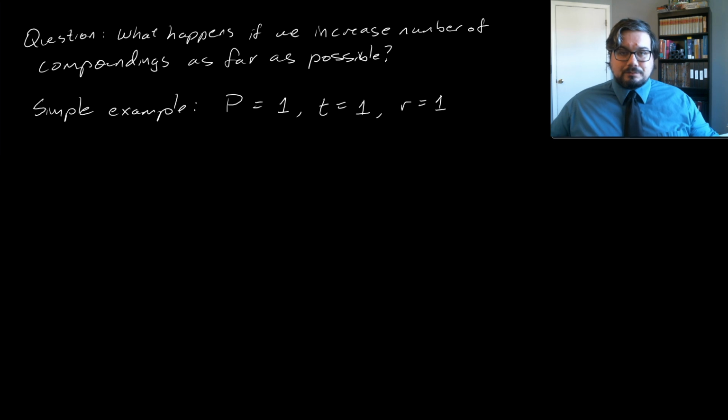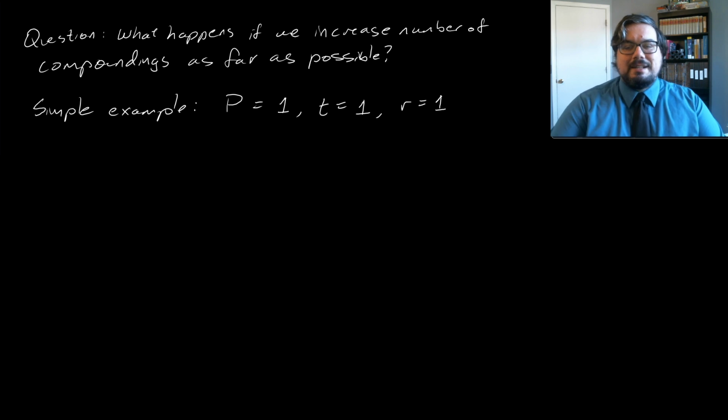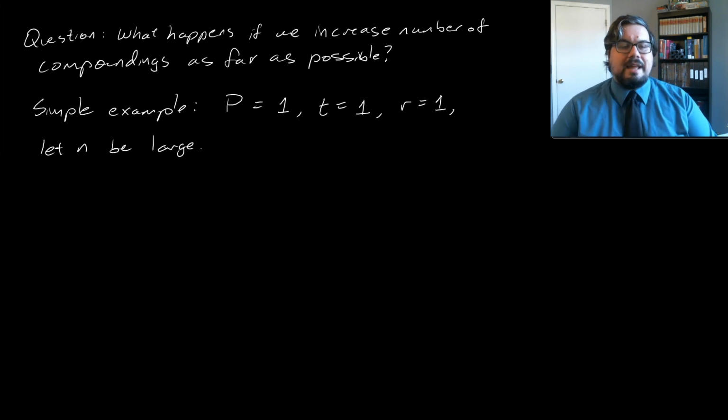100%. So if this were compounded annually, then at the end of a year, I'd get 100% interest and get another dollar. So if we were compounding annually, we would get $2. So compounding more often will get me, well, certainly more than $2. And we will let n be large, and see what we get.